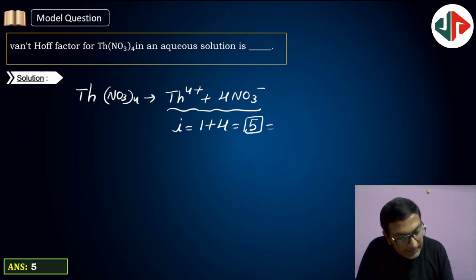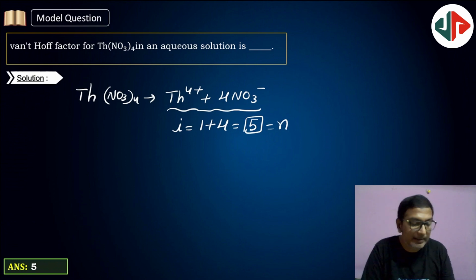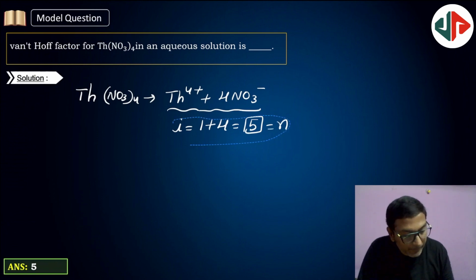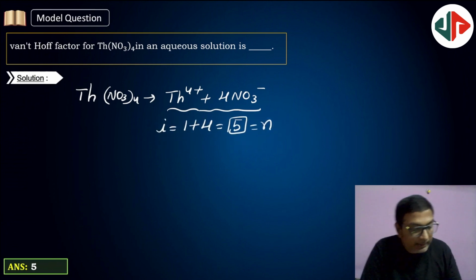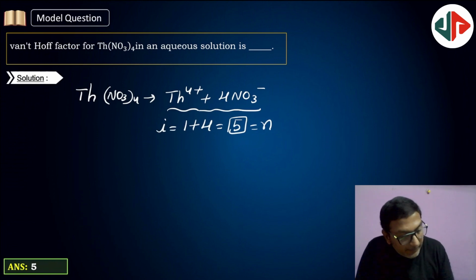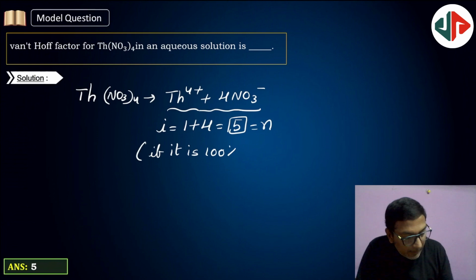So that is equal to n also, the number of particles after dissociation. Simple question. Total number of particles after dissociation, if it is 100% dissociation. Very, very important.